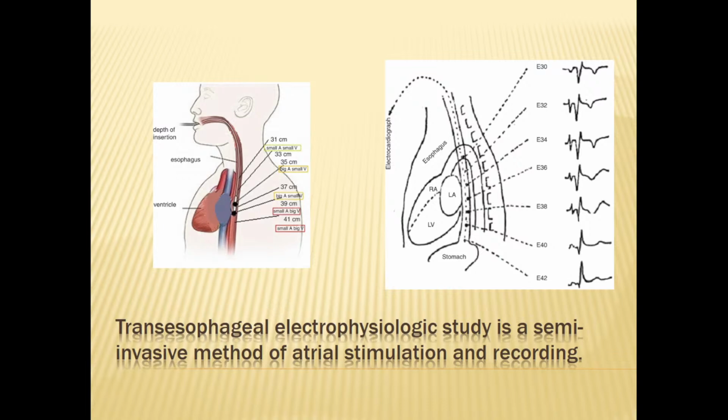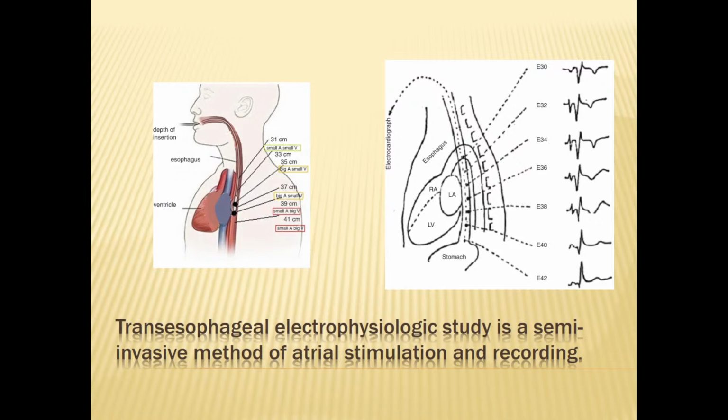It can be small in amplitude initially, or the P wave may be hidden inside the T wave or QRS complex. And for the diagnosis of the type of supraventricular arrhythmia, it is necessary to find the P wave. That's why we put the electrode closer to the heart and can detect the P wave.